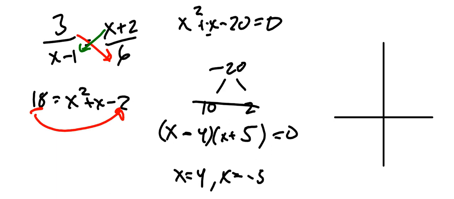Now you do have to be careful if there's any extraneous solutions, because you see in this denominator right here, if we had a polynomial that has a solution of 1 here, x could not equal 1 because 3 over 0 is undefined. But in this case, we don't have that. So x is equal to 4 and negative 5.